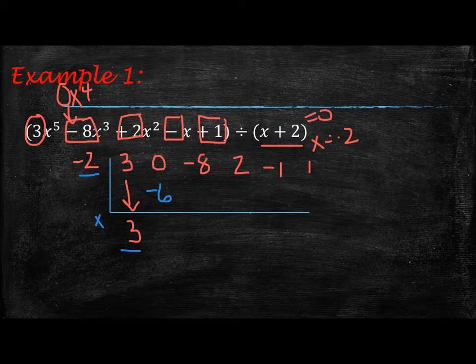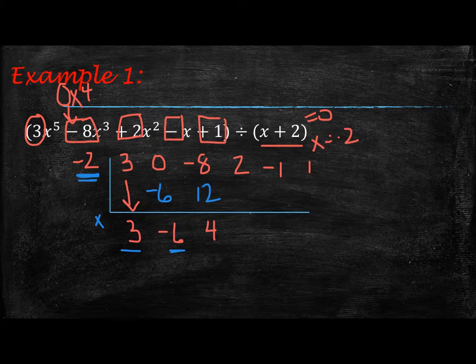So you're going to put your -6 here. Then you add these numbers up. So 0 plus -6 is -6. Then do it again where you multiply -2 times -6, which gives you +12, and that goes here. Then add them up, so that gives you 4.